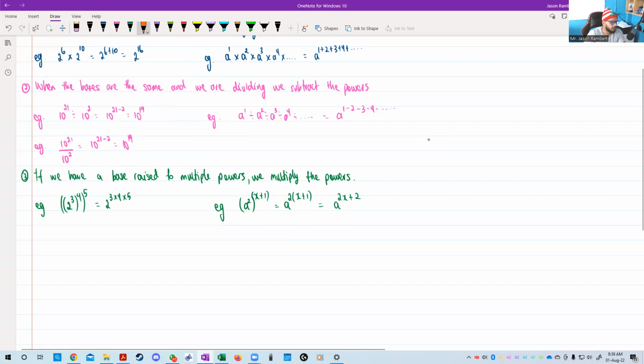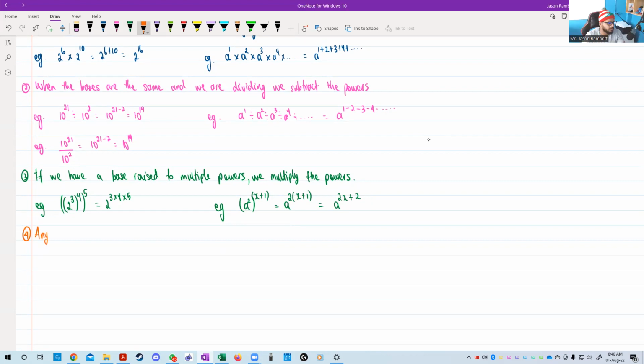Law 4, simple, easiest law you'll ever encounter in your life. What is law 4? If we have a base raised to the power 0, the value is 1. Very good.